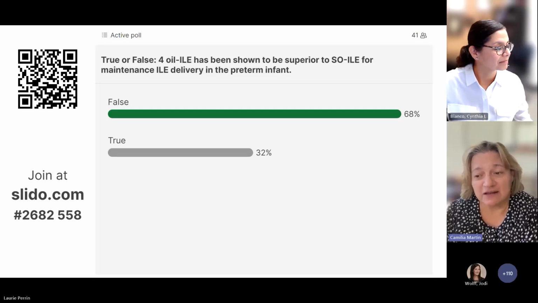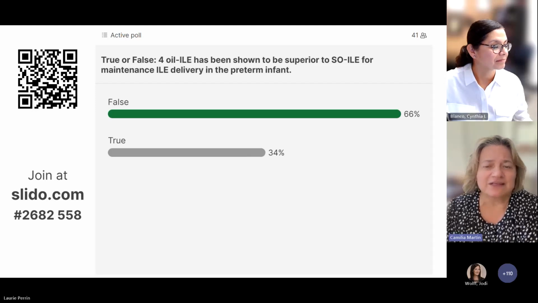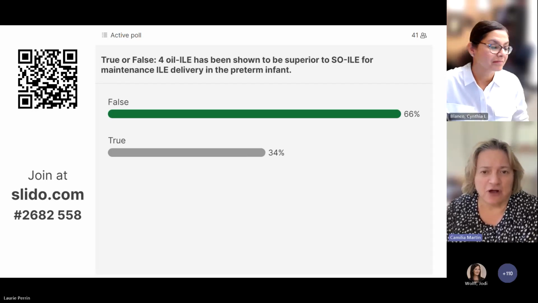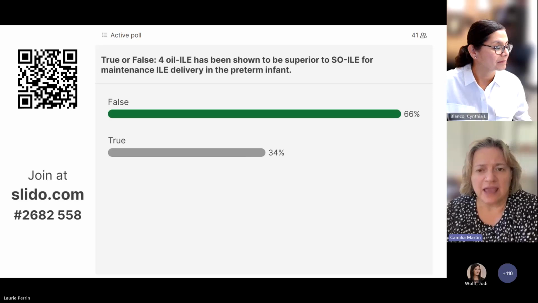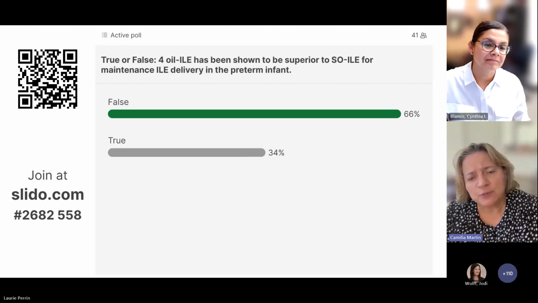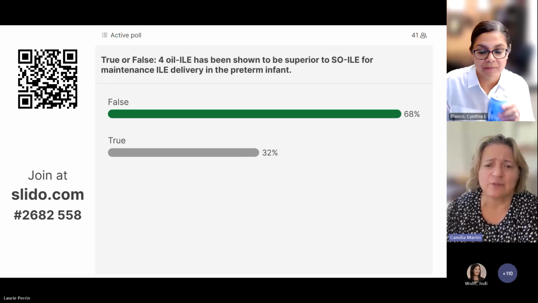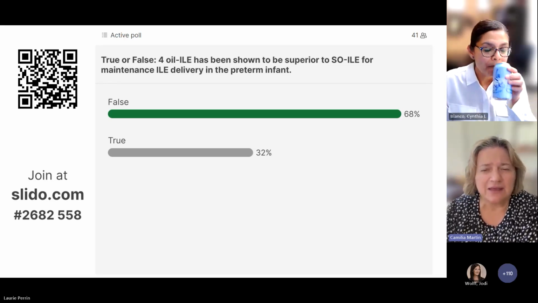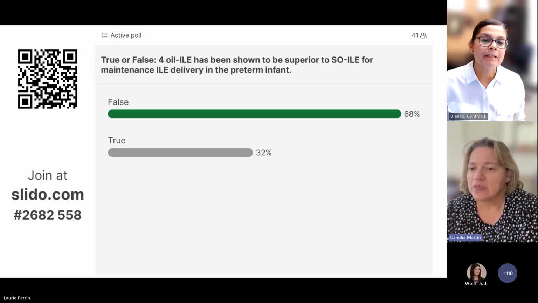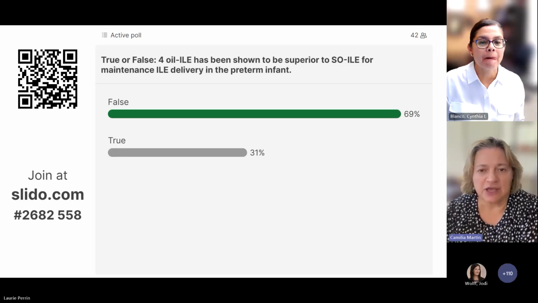I think we're going to settle on 2/3 false and 1/3 true, and that's right. It is false. And again, conceptually, I can understand the enthusiasm of having a lipid emulsion that has multiple components, starting to add stuff that we know that you need. But interestingly, there is no change in our morbidity outcomes.